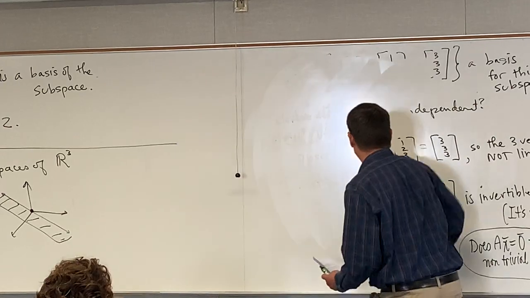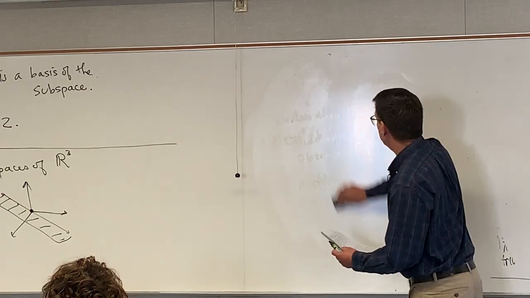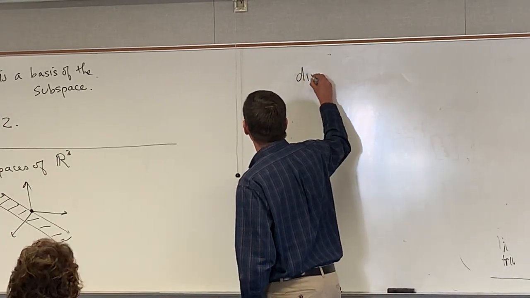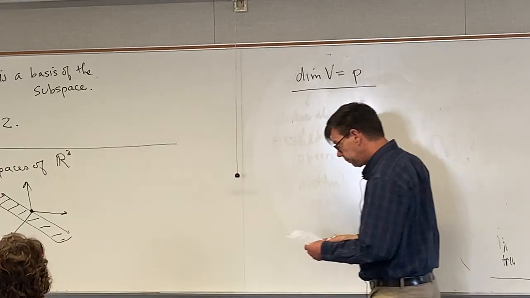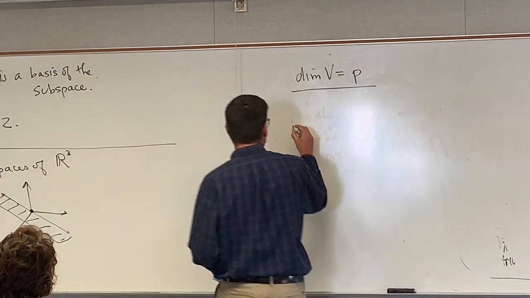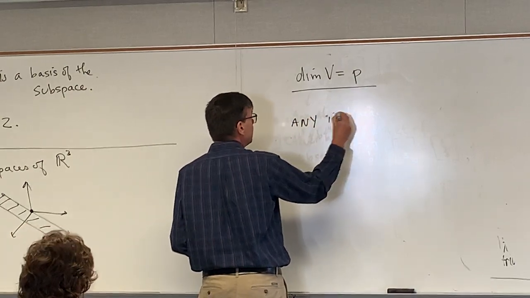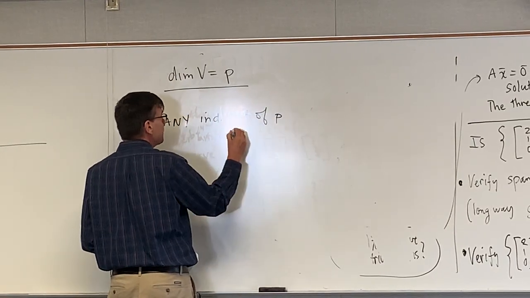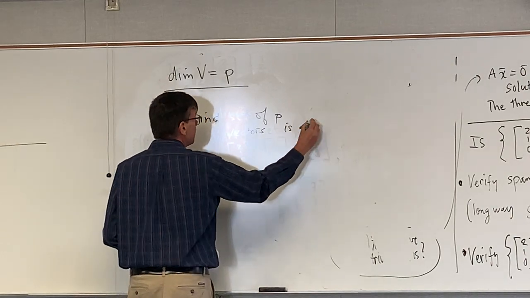Let's paraphrase these, because these are two important ideas. If we have a space V where the dimension of V is equal to P, any independent set of P vectors is a basis.